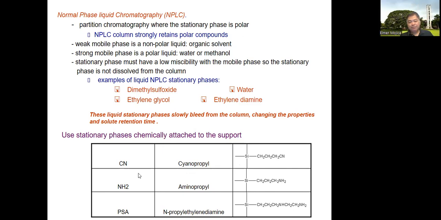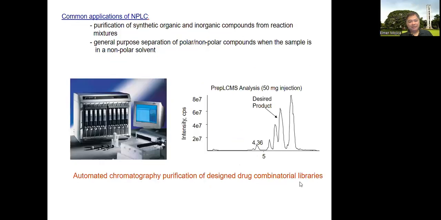Since you have CN and NH2, you have a polar stationary phase. Common applications are purification of synthetic organic and inorganic compounds from reaction mixtures, and general purpose separation of polar and non-polar compounds when the sample is in a non-polar solvent.